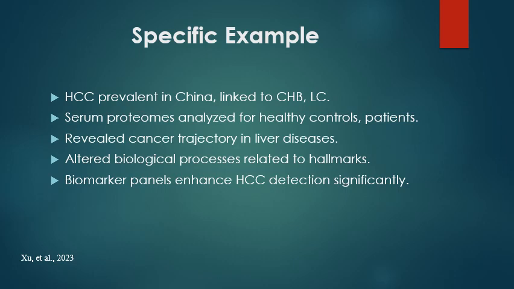Biomarker panels for the HCC, which was the hepatocellular carcinoma, was detected in the CHB, which is the chronic hepatitis, and the liver cirrhosis, as high-risk populations were developed using machine learning in 2 cohorts.